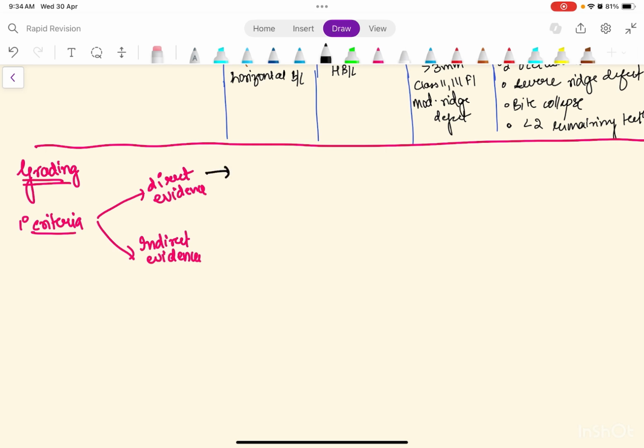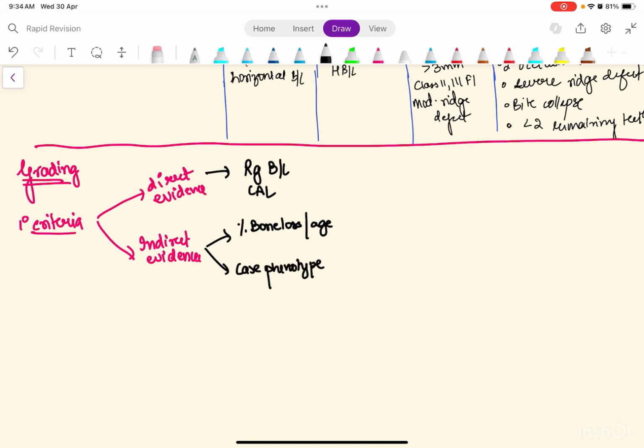In direct evidence we'll basically see through the radiograph the bone loss and the clinical attachment loss. In indirect evidence we will see the percentage of bone loss per age and the case phenotype.